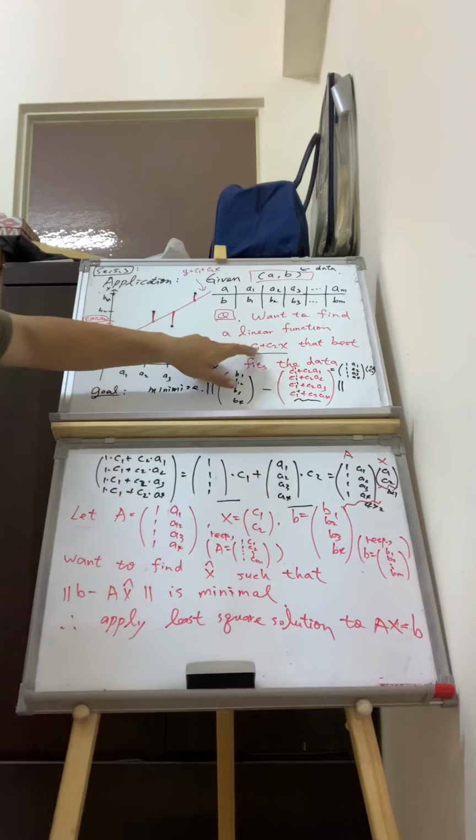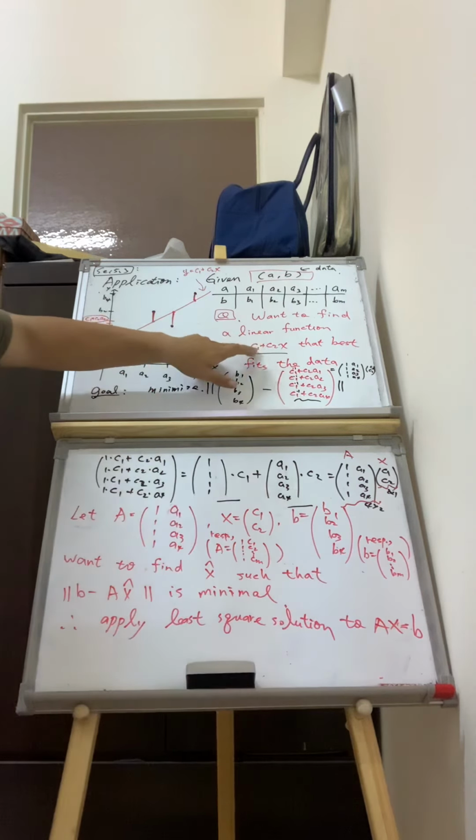The data a, b are 0, 1, 3, 4, 6, 5. In other words, we have 3 pairs of data, 0, 1, 3, 4, 6, 5, and we want to find the best least square fit by a linear function.